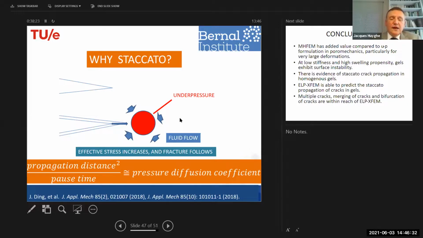Now, I think that what is missing within XFEM simulations and other simulations inside shale is the swelling propensity, because particularly once you apply hydraulic fracturing, one thinks one applies pressure inside a crack, and that is true, but one brings also a highly osmotic material into contact with fluid, which it has not seen for millions of years.